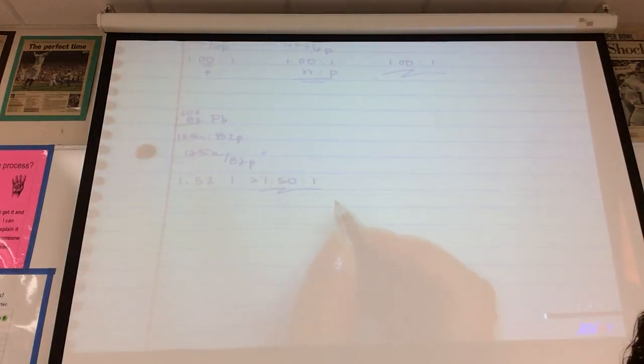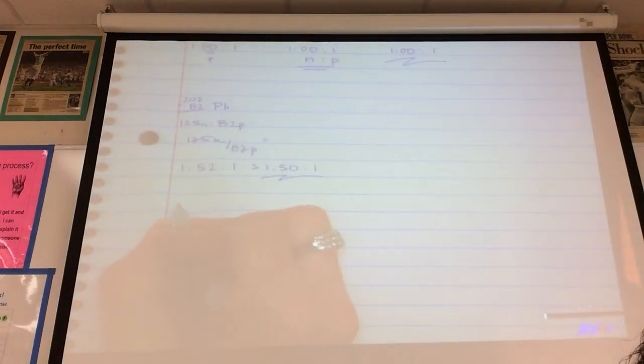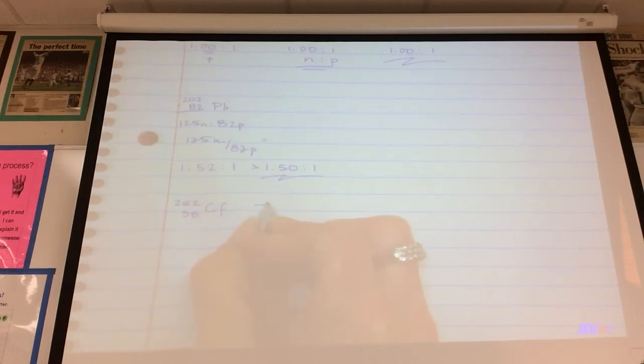Remember, when you have beta decay, for example, let's say that we had californium 252, atomic number is 98, and let's say we wanted to emit a beta particle. One beta particle is probably not going to do it, but it could emit more.